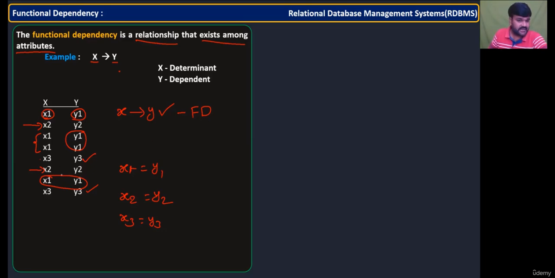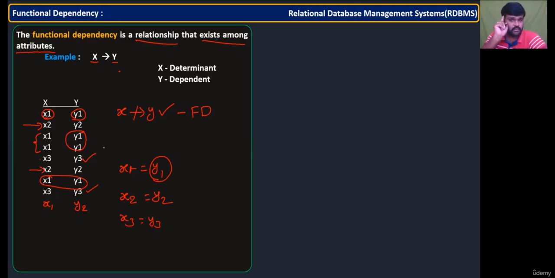Now, when is this relation false? For example, if for some value X1, in all places it is deriving Y1, but in one of the rows X1 is deriving, for example, Y2, then you should not place this relation.